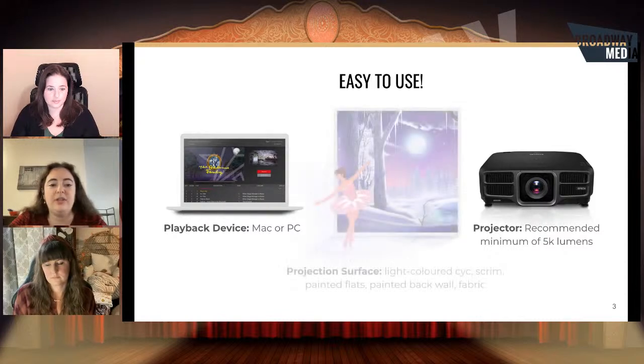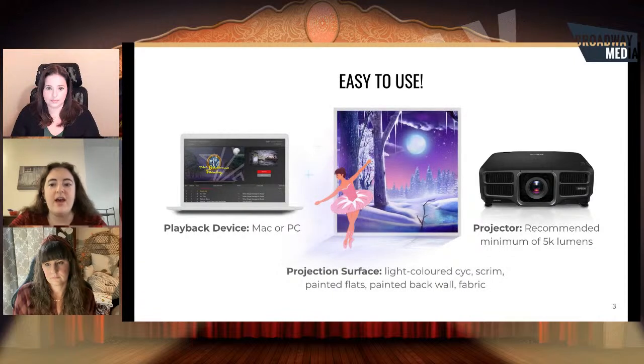Third is going to be a projection surface. It can be any light-colored flat surface. It could be a dedicated projection screen, something painted flat, a curtain, your existing cyc, or even just a wall. Rear projection will need a semi-translucent screen, but we can get into that a little bit later as well.